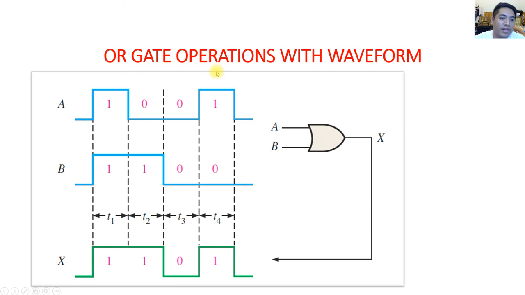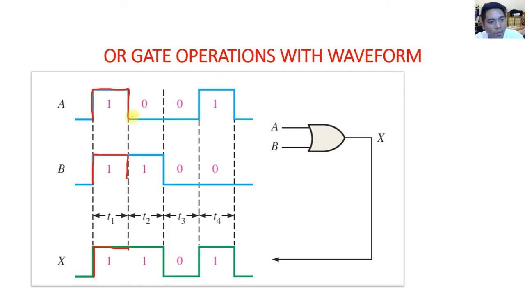Now, the OR gate operation with waveforms. What if we have two waveforms, A and B, inputted into an OR gate? In T sub 1, both of the inputs are high, so definitely the output is high.